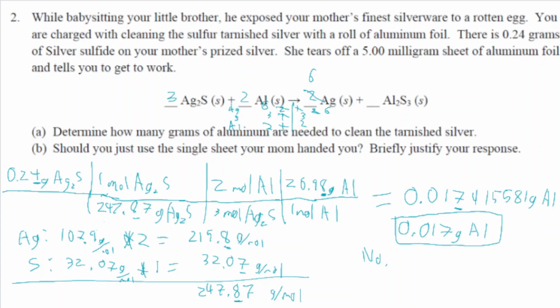So we could say no, we need 4 sheets. Another response you could have is you could say, well, yes, that's what mom told us to do. So again, always justify your responses, but you should get out 0.17 grams of aluminum.